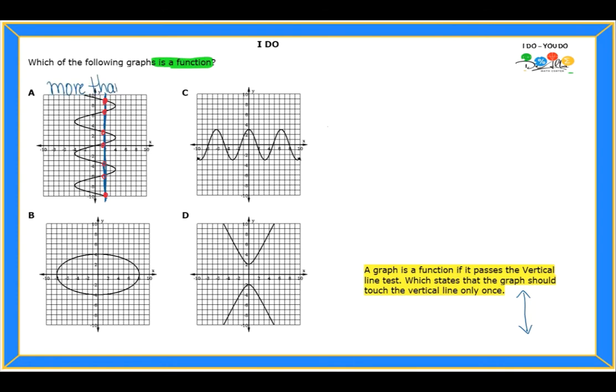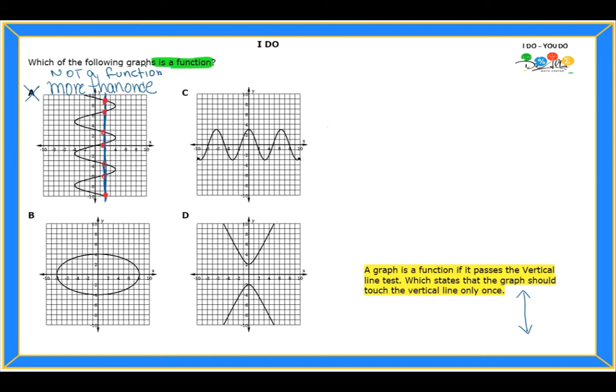So if it touches more than once, what do I know about this one? Then A is not a function. And I'm actually looking for something that is a function, so A cannot be my answer.